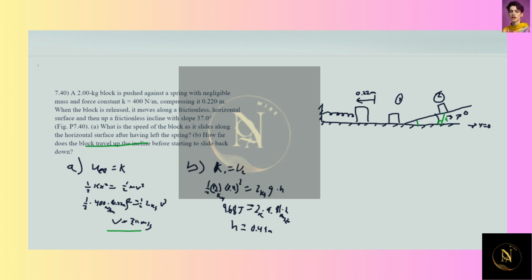We can write that the opposite length, 0.49, is equal to the hypotenuse d times sine of 37 degrees, and therefore we get d is equal to 0.82 meters.